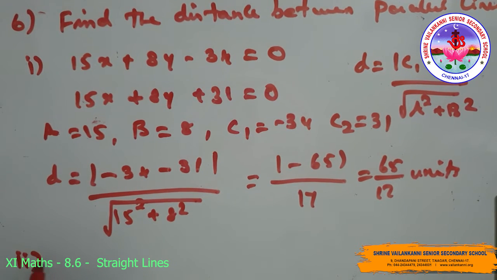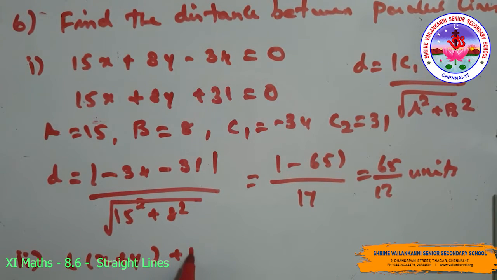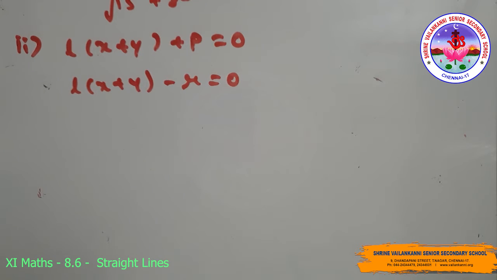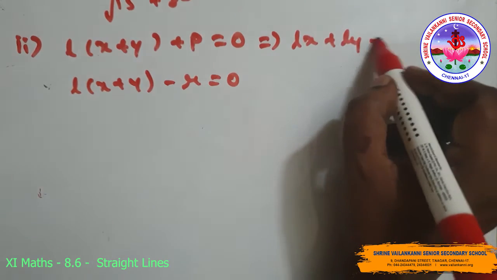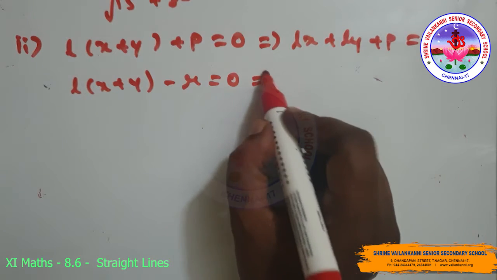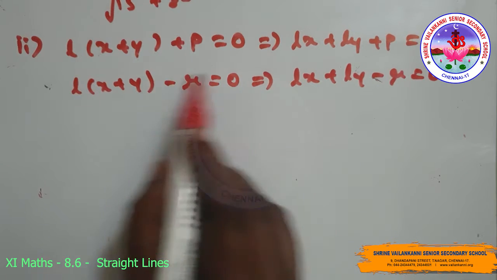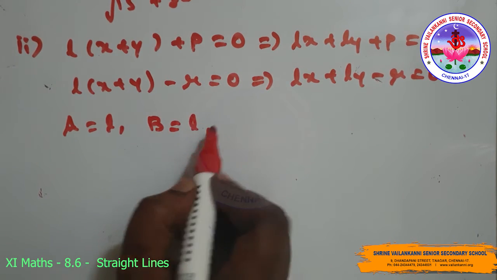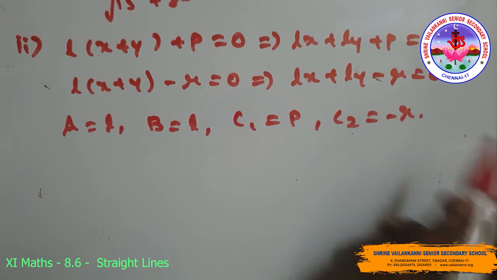Second subdivision: lx + ly + p = 0 and lx + ly - r = 0. We have to find the distance between these two lines. Here a is l, b is l, c1 is p and c2 is -r.